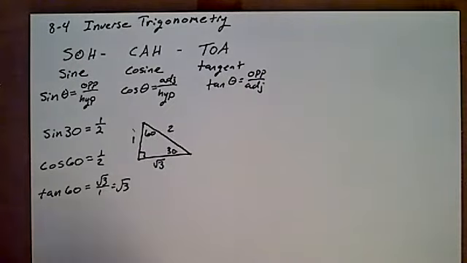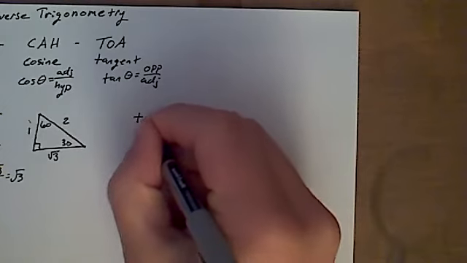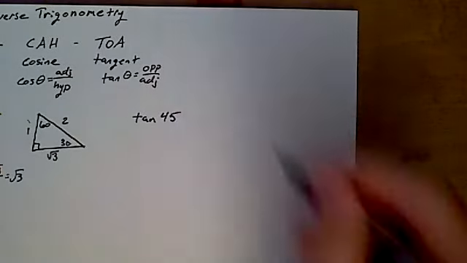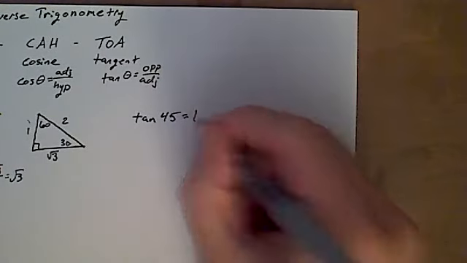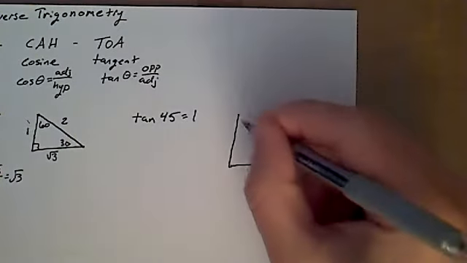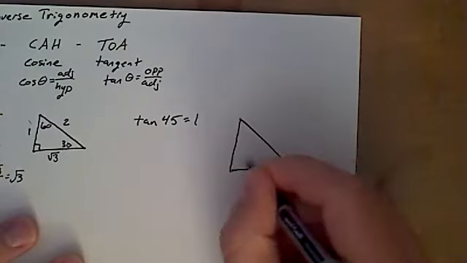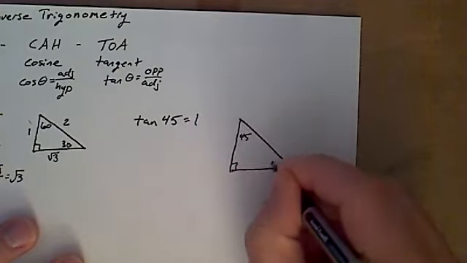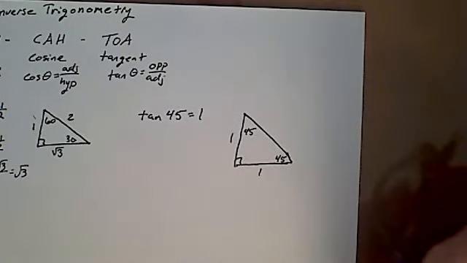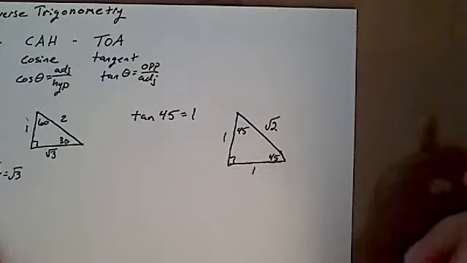What if we wanted the tangent of 45? Again, this is one that's not very hard to remember. Tangent of 45 is 1. So if like on the 30, 60, 90, we just make those sides 1. Hypotenuse is √2 times that.